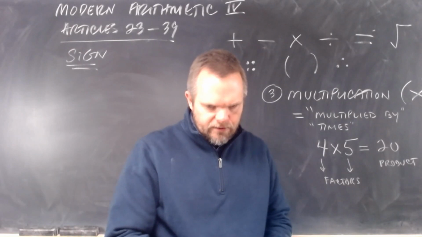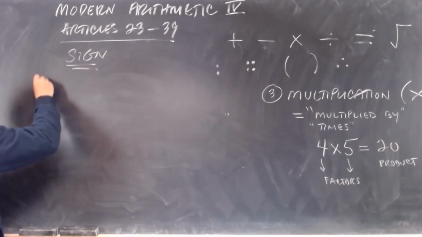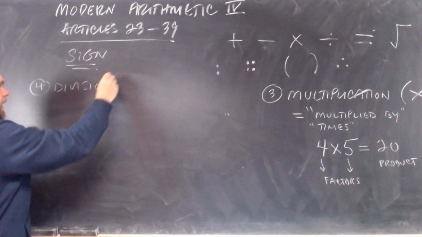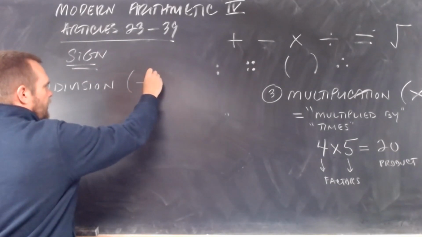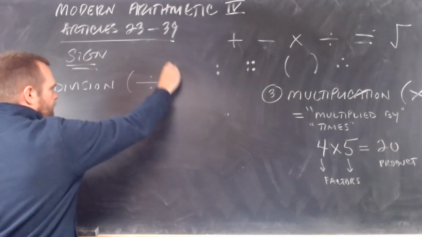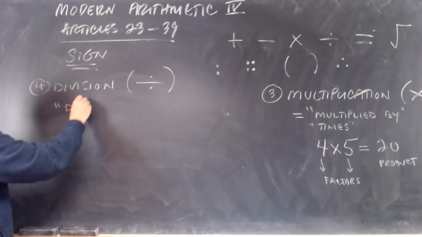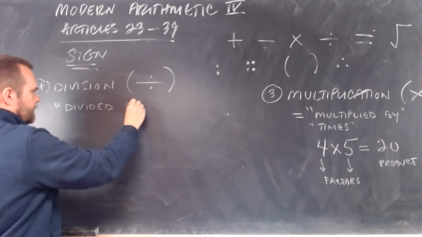Article 28 is the division sign. So the fourth sign we learn in this lesson is the division sign, another sign that shows an operation, and the sign is a horizontal line with a dot above and below it. It's read divided by.